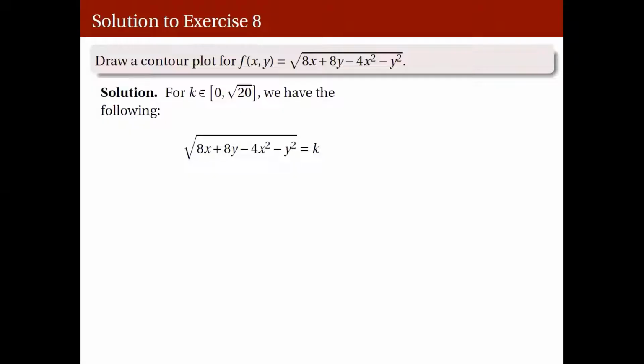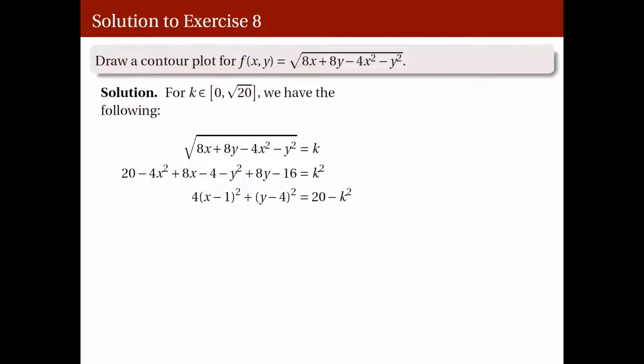Let's remove square roots and complete squares. You can look back at the previous parts for this left-hand side. We can rewrite the squares here and transpose that together with the k squared so that we have 4 times x minus 1 quantity squared plus y minus 4 quantity squared equal to 20 minus k squared.